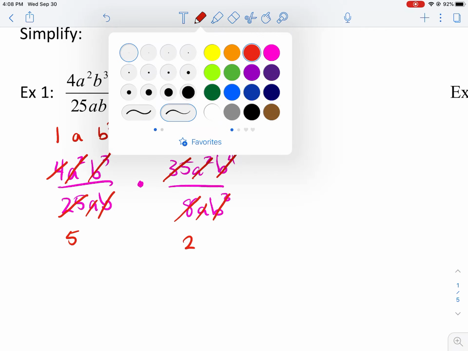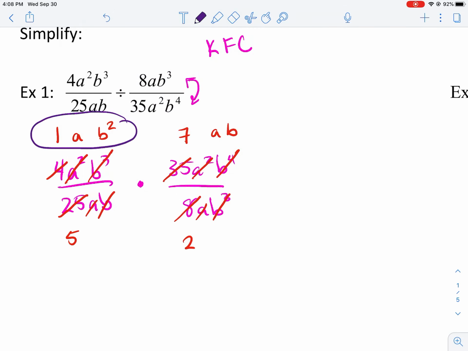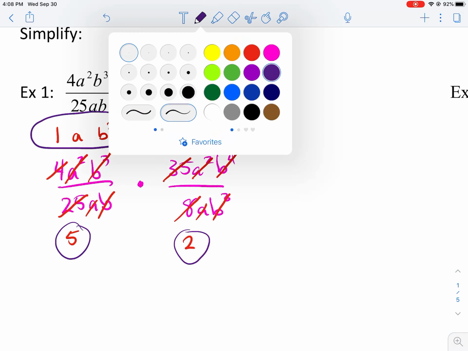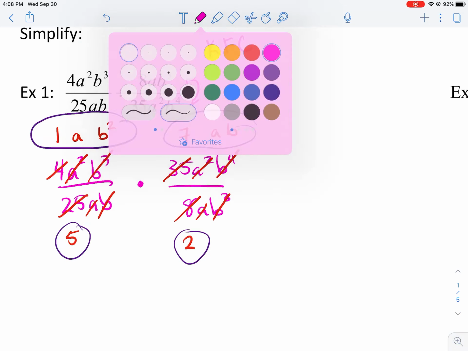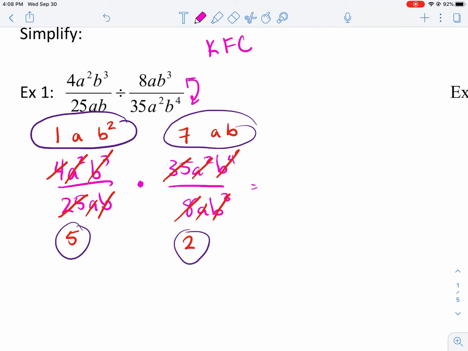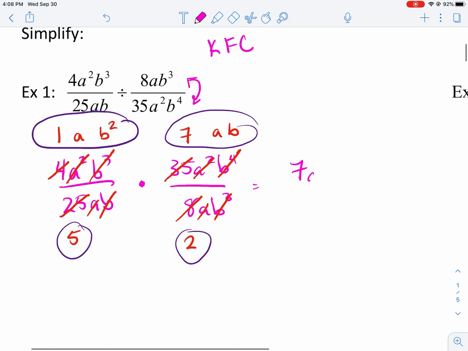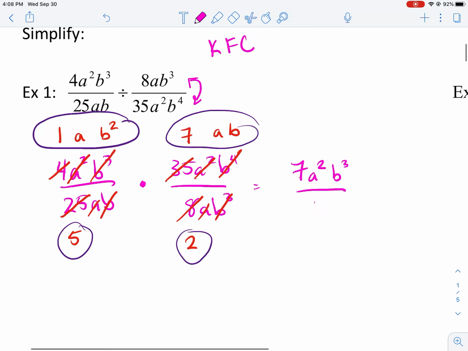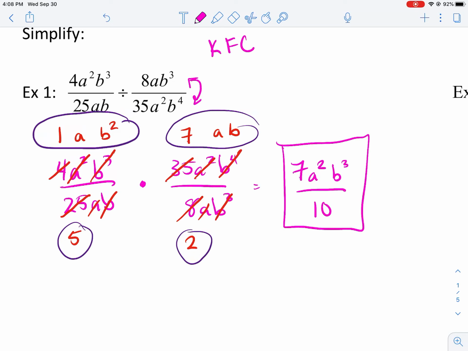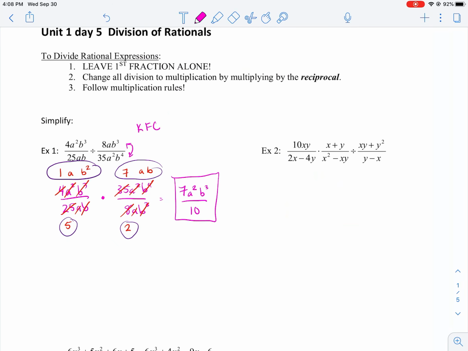And so now I'm just going to circle what I have left in the top and in the bottom. And finally, I'm going to multiply 1 and 7, which is just 7. I got a times a, which is a squared. B times b squared is b cubed, all over 10. And I can't simplify anything else, so that is our answer.